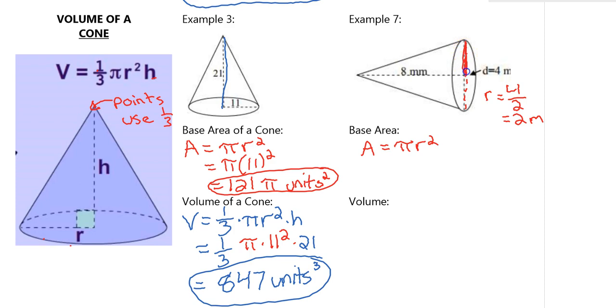If the whole distance is 4, then my radius is 2. So that's pi times 2 squared, and 2 squared is 4 pi. I think this is supposed to be millimeters, because this one's millimeters. It got cut off. Millimeters squared. Our unit is mm here.